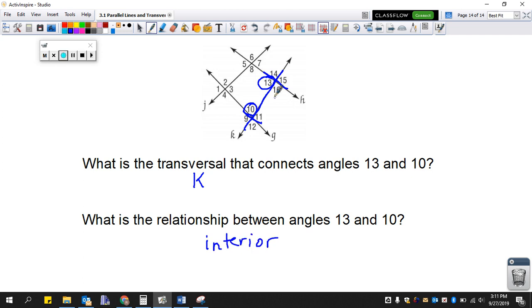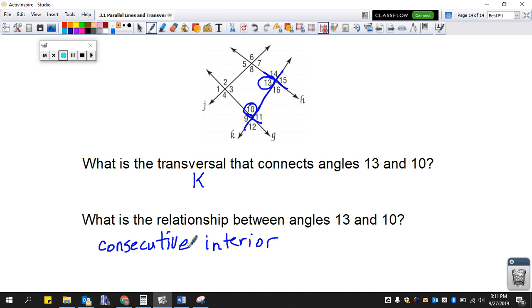And we notice that they're both on the same side of the transversal, so they're not alternate. So that means they're consecutive. They're on the same side.